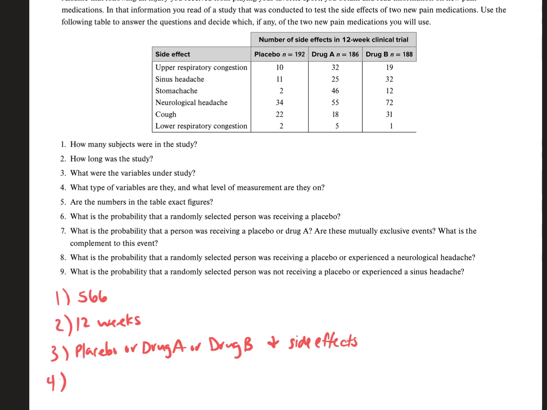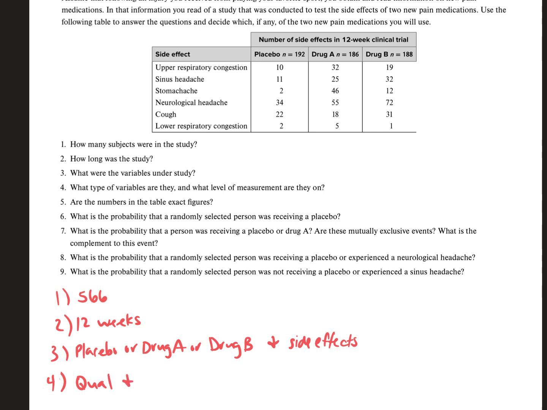Number 4, what types of variables are they? Oh, sorry. So this is going back a long time ago. Qualitative or quantitative? Quantitative. Oh, wait, the side effects? Side effects. Oh, qualitative.